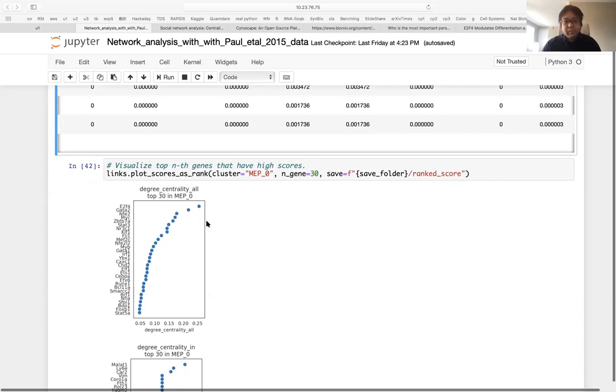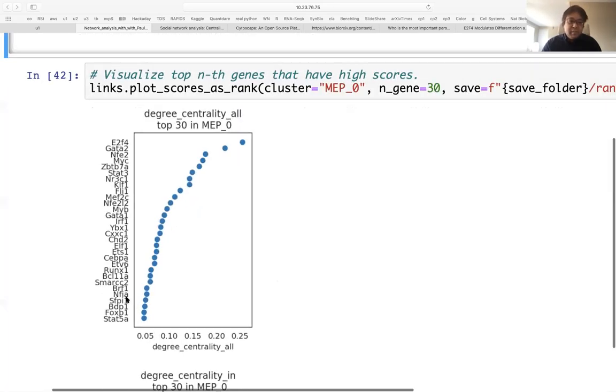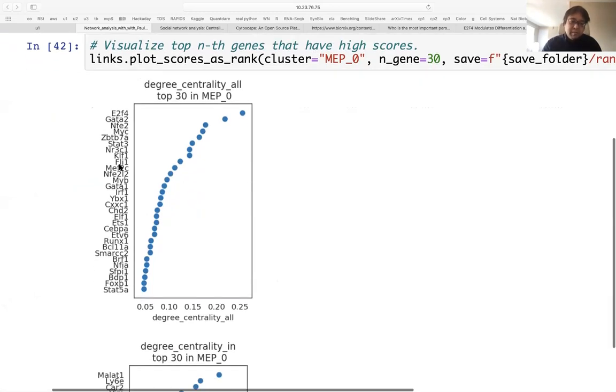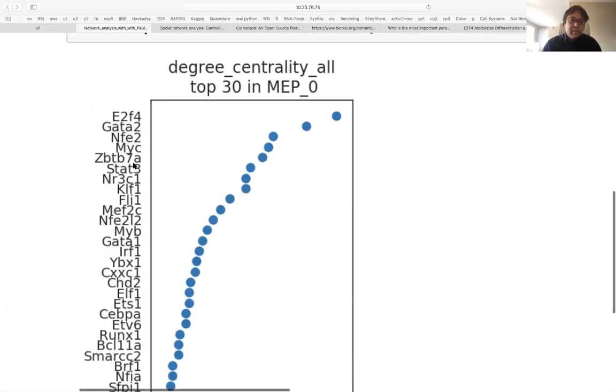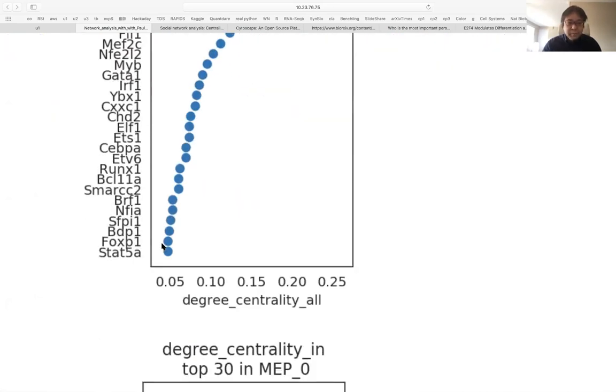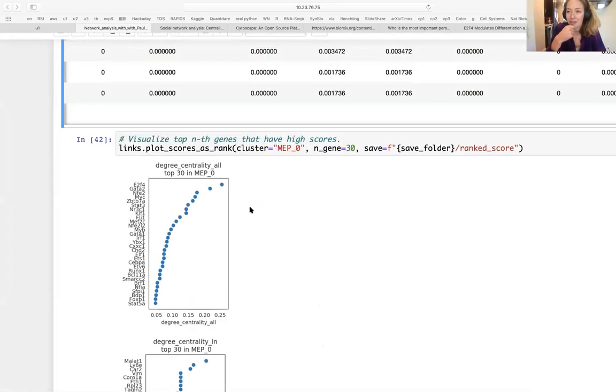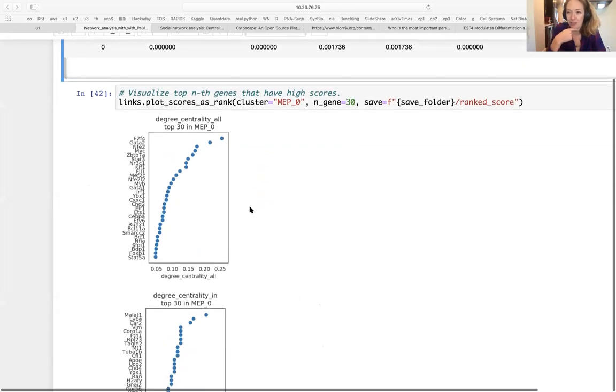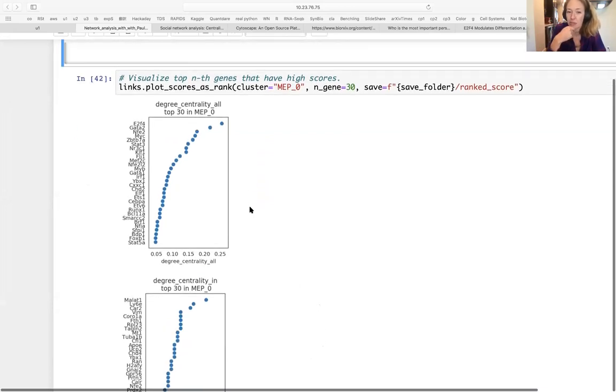So this list can include non-transcription factors, but I think in many cases you will see really many transcription factors in this list. I think E2F4, GATA2, and others are all transcription factors. Yeah, it's definitely been our experience that we see transcription factors and transcriptional regulators primarily in these lists.